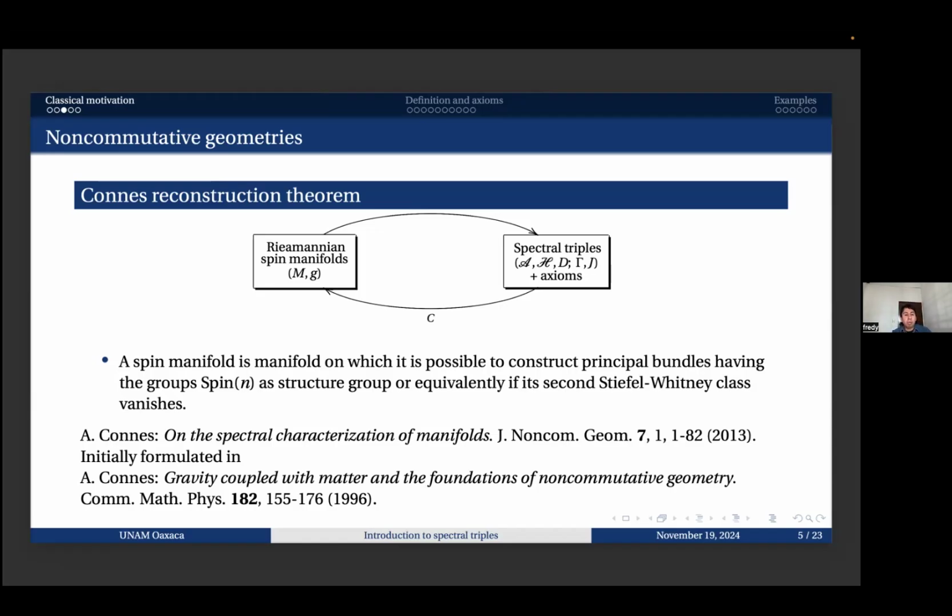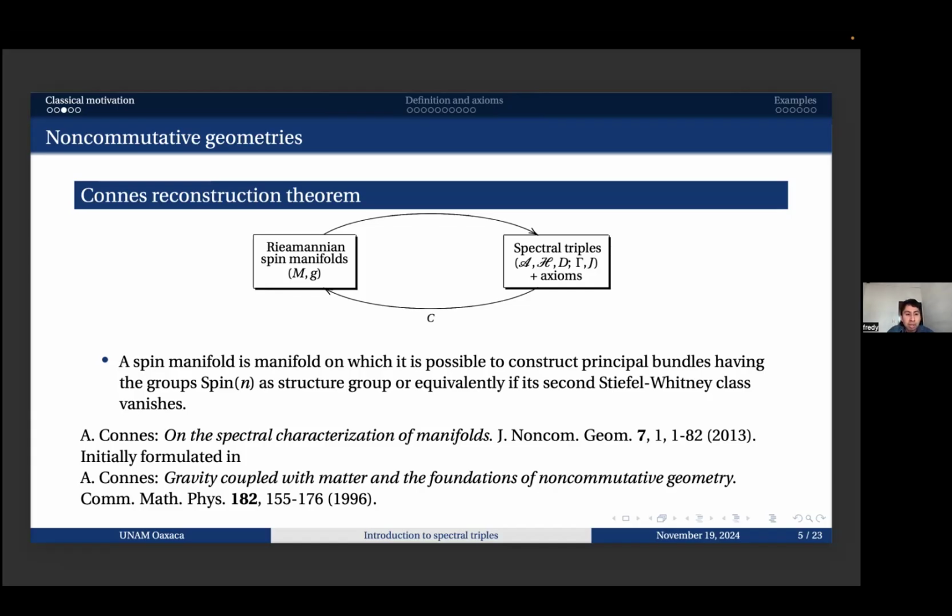Why are these Riemannian spin manifolds so important? Because we can construct the Dirac operators, and the geometry of these manifolds is encoded by the properties of the Dirac operator.